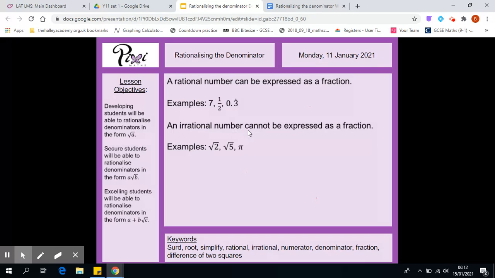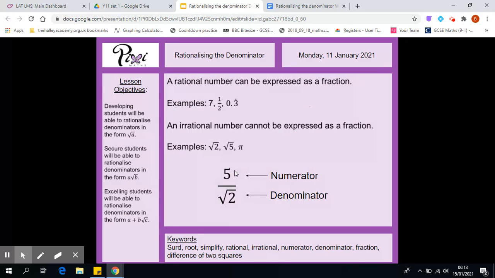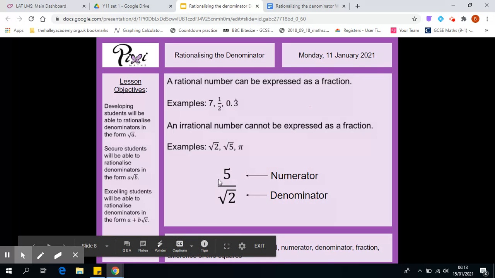An irrational number cannot be expressed as a fraction: square root 2 gives us 1.414, and the decimal places continue without any recurrence or pattern. Let's look at a fraction. The numerator is a rational number and the denominator is an irrational number.